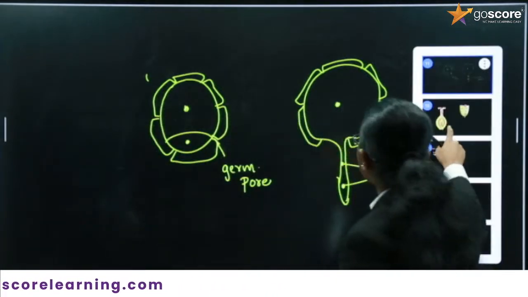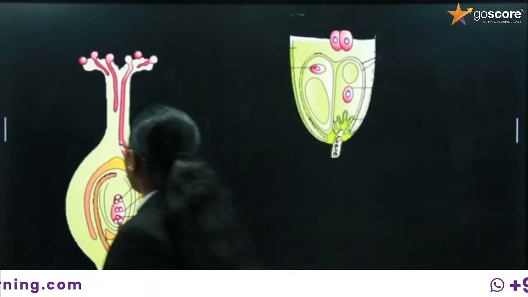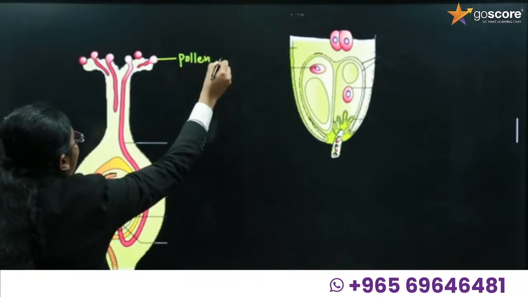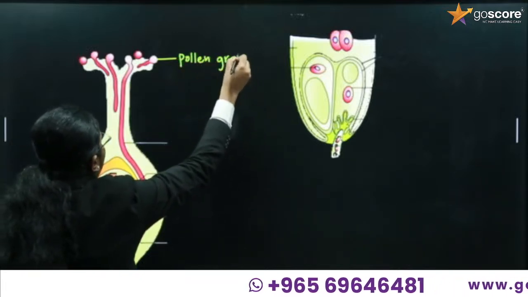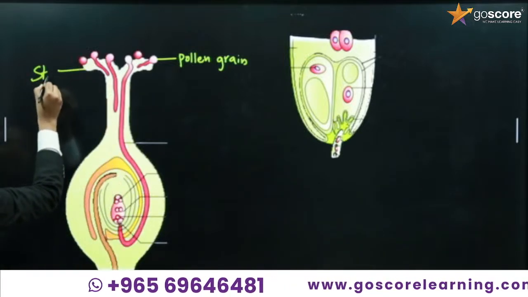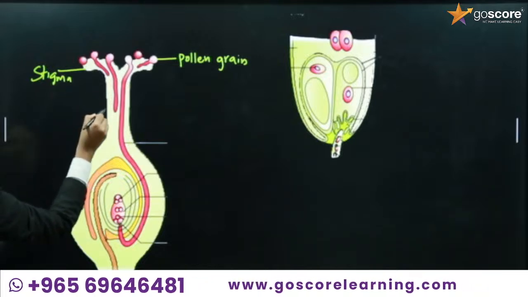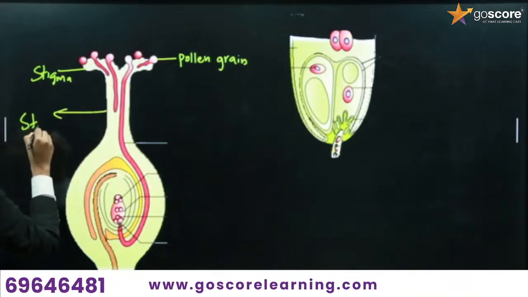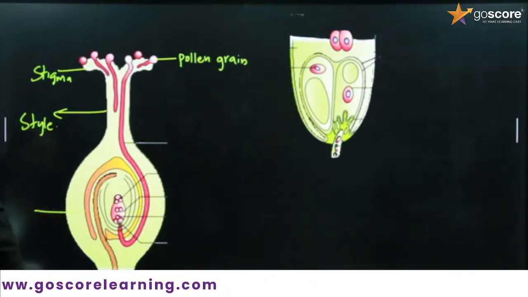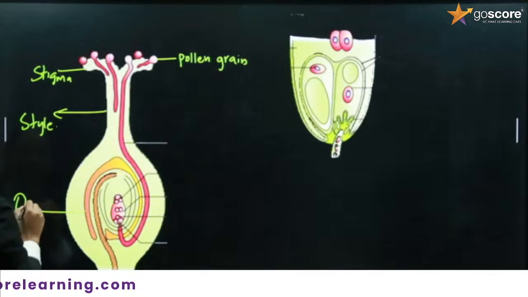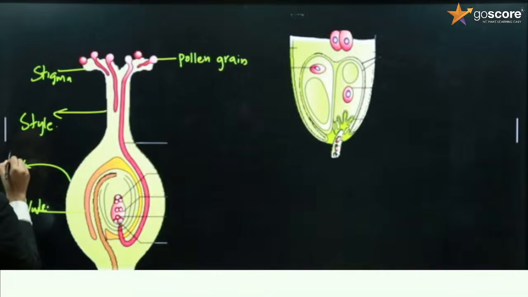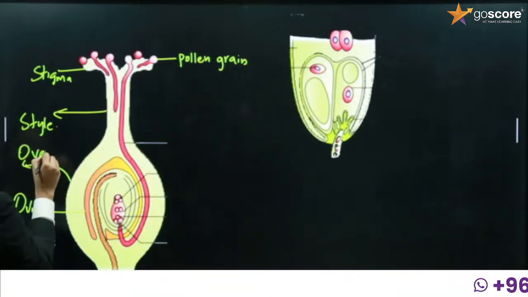Let's discuss it with the help of the picture. Here you can find the pollen grains, and this is the stigma. This is the style. And here you can find the ovule, which is present inside the ovary.